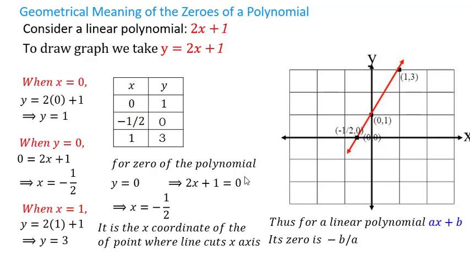It is always the x coordinate where the line cuts the x-axis. Now, there could be a possibility that this line does not cut the x-axis. It can go straight, parallel to the x-axis. In that case, we have no zero possible. So it is possible that for a linear polynomial you have no zero, and at the most you have 1 zero, right? So a line can cut the x-axis at a maximum of one point.